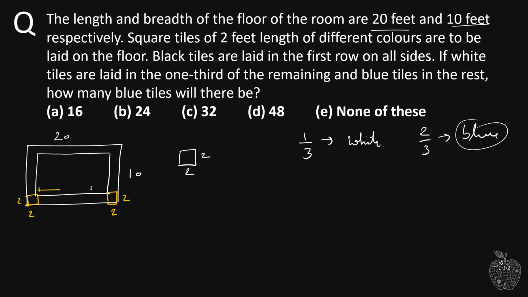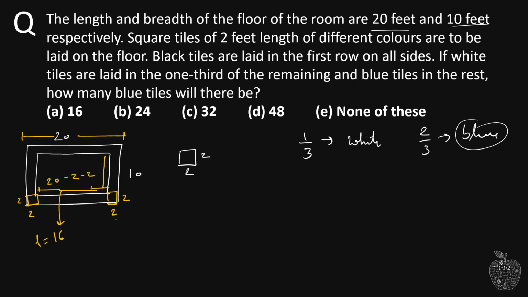It will be like this. This entire length is 20. Now 20 minus this 2 and again minus this 2 will give us the length of the remaining portion. So it will be 20 minus 2 minus 2, which is 16. So the length of the remaining portion is 16.